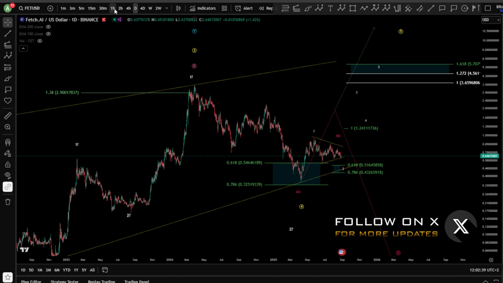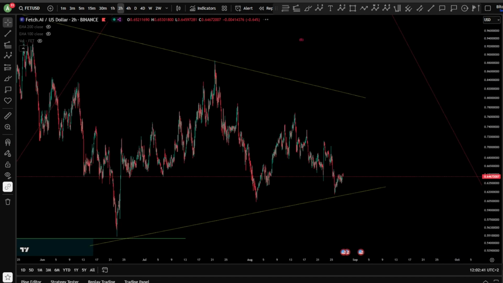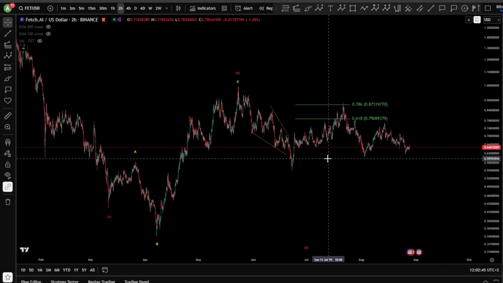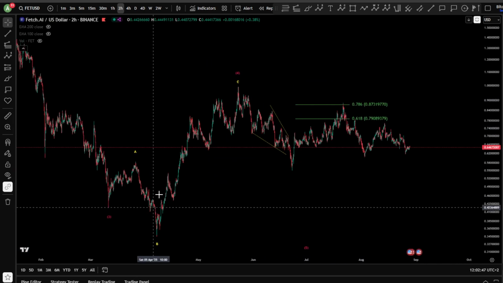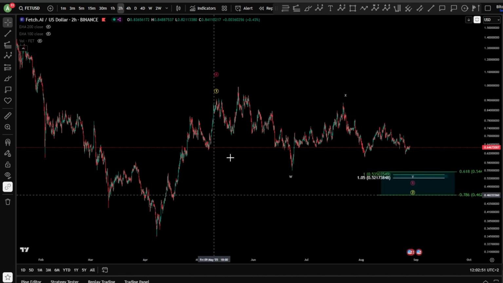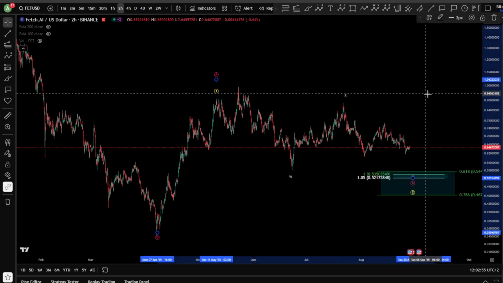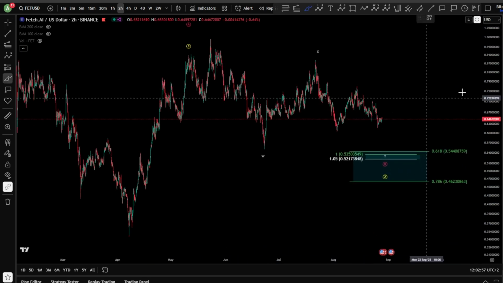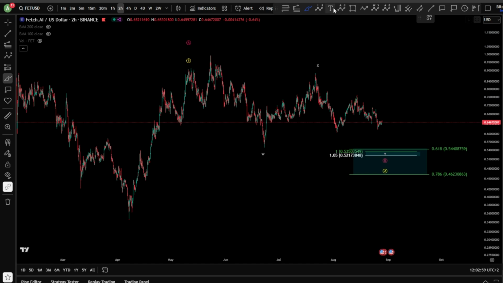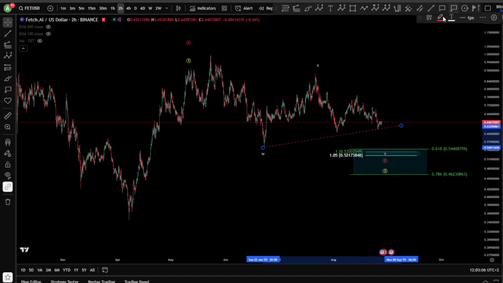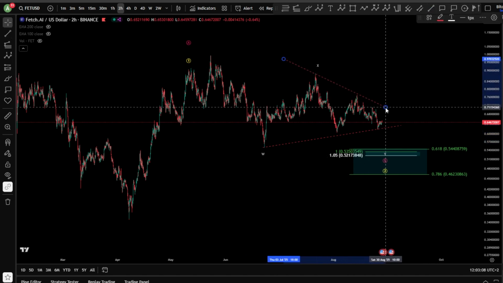Yep, so these are the possibilities here on the 2-hour chart. We can see as well that if we are in a triangle here, A, B, C, D, E, after a potential wave A, let me just put the thing here, after wave A or wave 1, preferably you are in a W, X, and a Y, or you are in an ABC here, because you don't want to have a triangle again. You don't want to have this triangle.